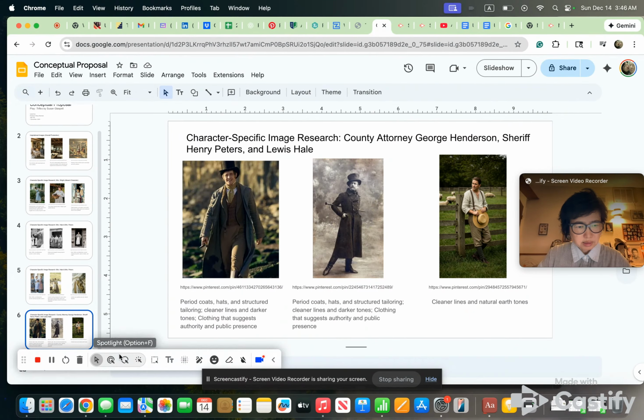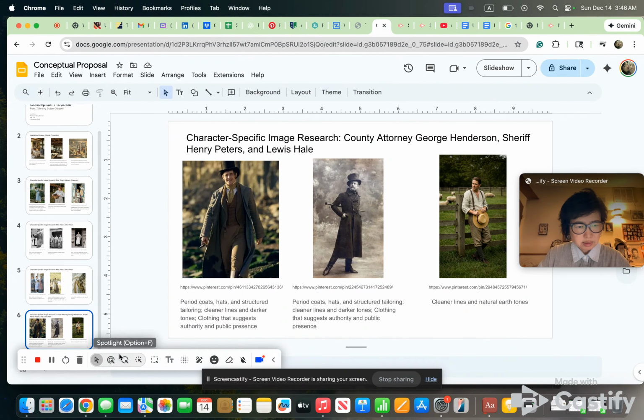You can see in these two pictures the costume conceptual design for the attorney and the sheriff.